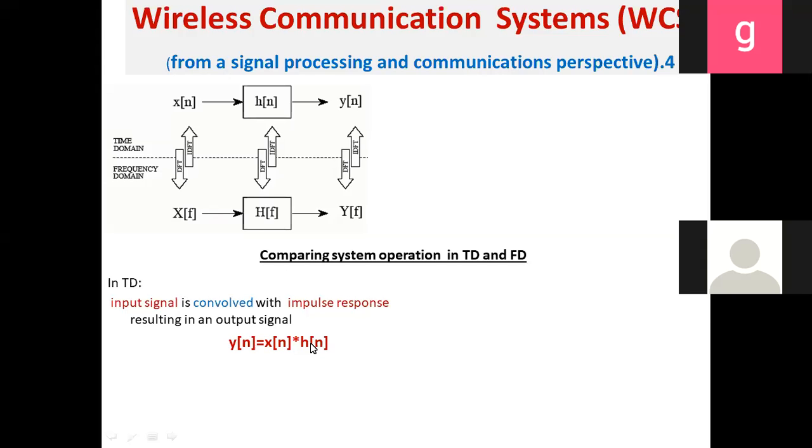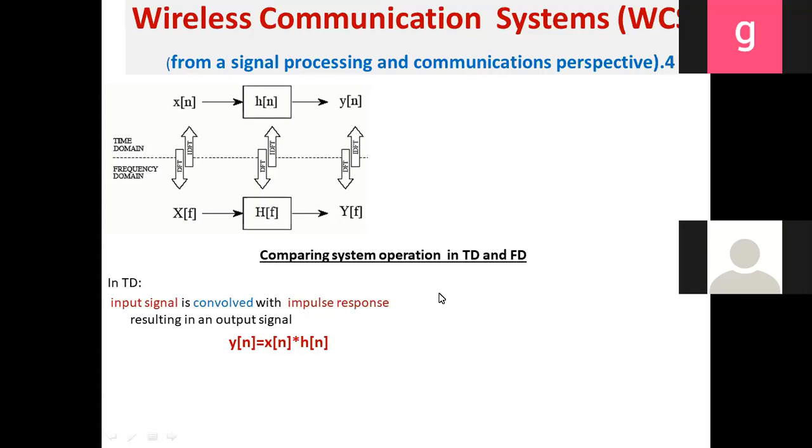I repeat, impulse response is the signal that exits a system when a delta function is the input. So there are two parameters here, impulse response and frequency response. Impulse response is the response of the channel when the input is the delta t impulse function.